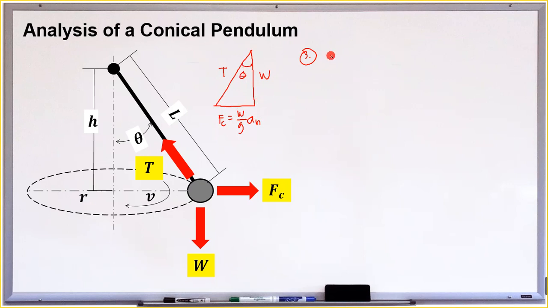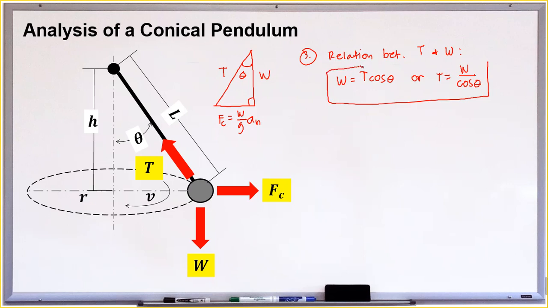So let's find a relation between the tension and the weight. From this triangle, we can say that the weight is equal to the tension times cosine of theta, or in other words, tension equals W over cosine theta.